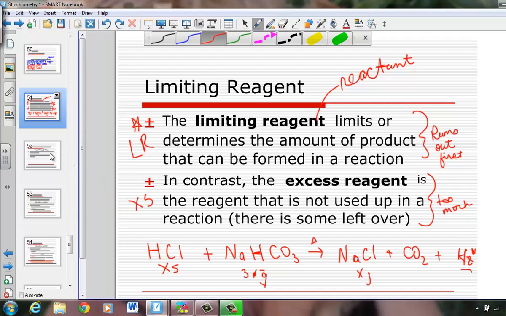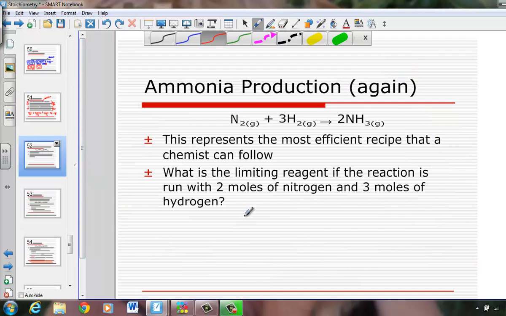Let's go to work and represent this with the familiar equation, the production of ammonia. Write the equation for the production of ammonia. 1 molecule of gaseous nitrogen reacts with 3 gaseous molecules of molecular hydrogen, forming 2 molecules of ammonia, NH3.